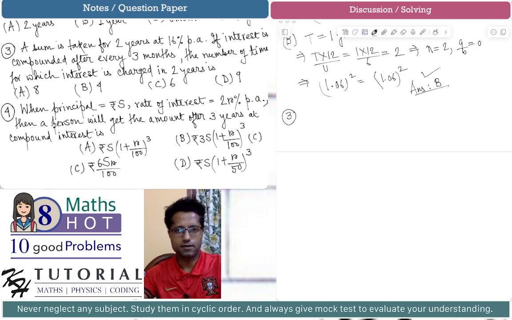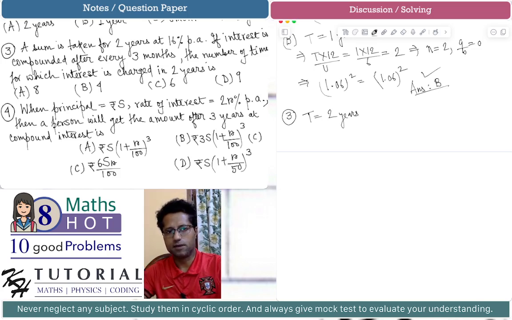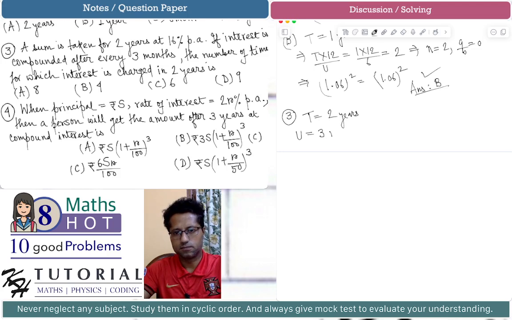So it is given that a sum is taken for 2 years at 16% per annum. Now this 16% per annum will not be used. It is not required. What is required is that t is given to be 2 years, and that interest is compounded after every 3 months, which means u is equal to 3 months.